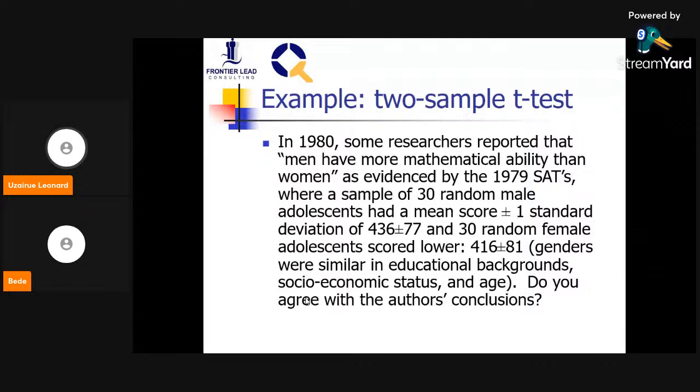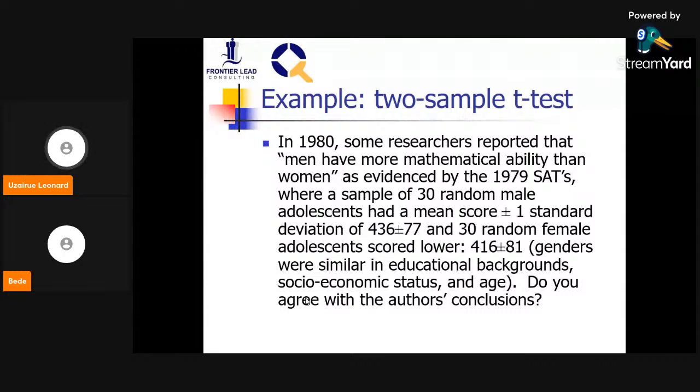They are similar in educational background, socio-economic status, and age. Now, the reason why you need to take all these things into consideration is because these are possible confounders or factors that could impact on the outcome. Because if they have different educational background, they are likely to impact them.